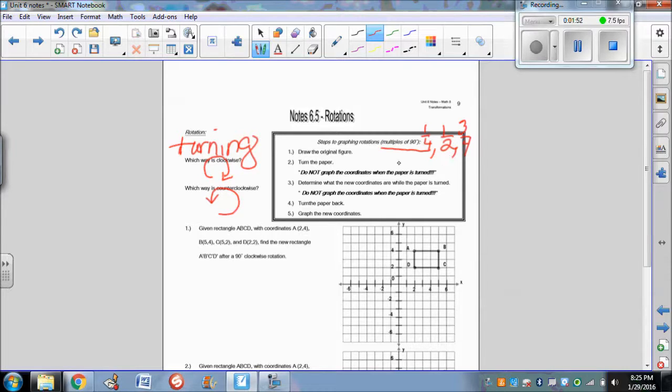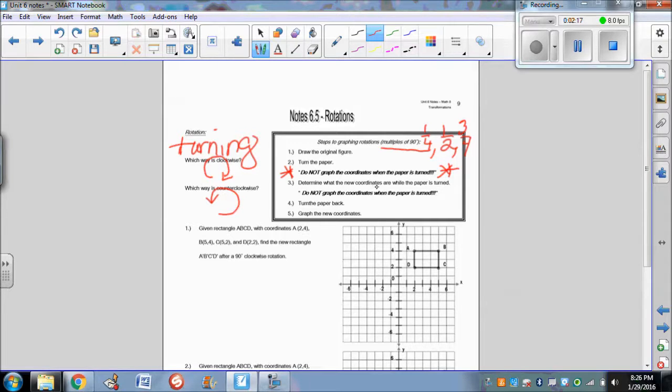So how are we going to do this? We're going to obviously draw the original picture. Then we're literally and physically going to turn the paper in the direction and the amount that it's telling us to. The key here, which I have written in bold, is do not graph the coordinates when the paper is turned. I'm going to put a couple of stars by that.